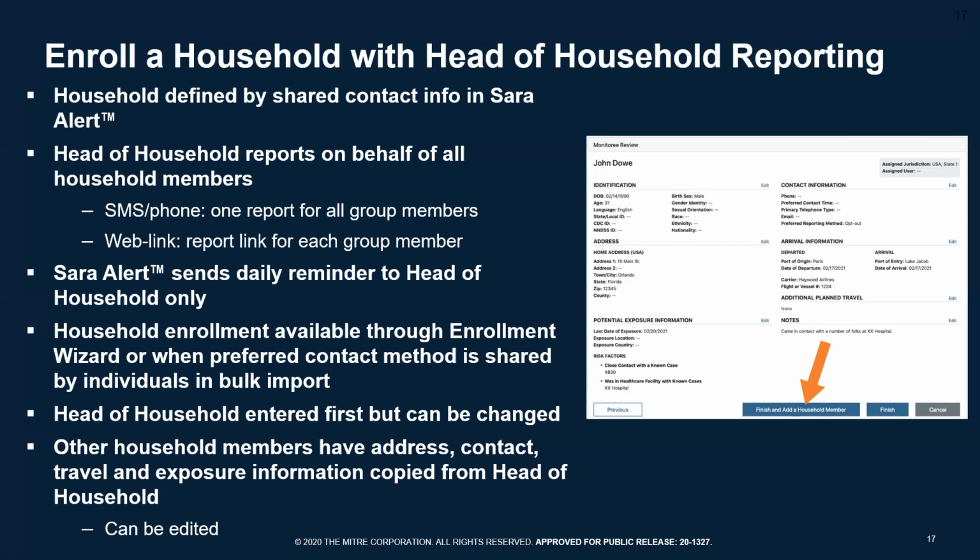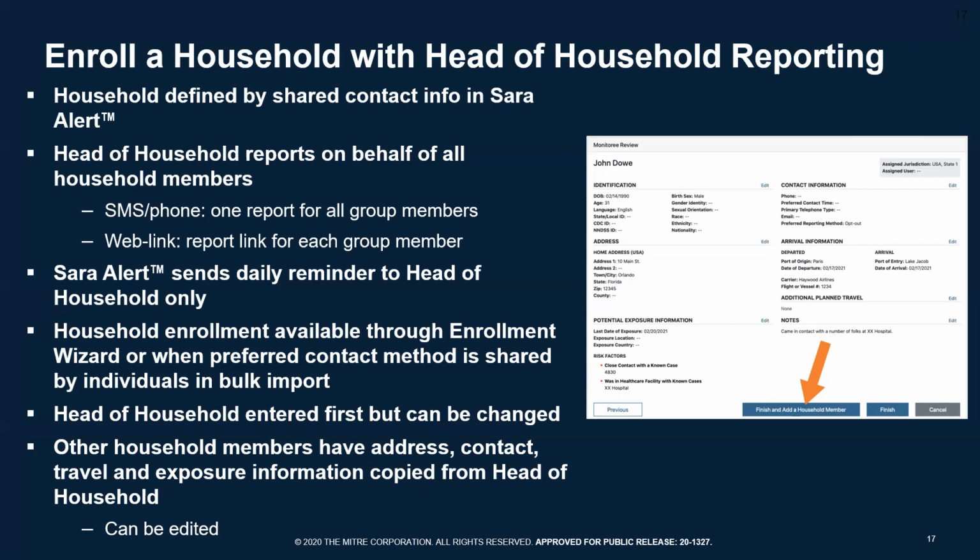Once a household is set up, the monitoree designated as the head of household will then get the symptom report notifications for all members of the household. If the head of household reports via plain text or telephone call, they will fill out a single report for all household members. If they report via the texted or emailed web link options, then they will fill out an individual report for each member of the household.